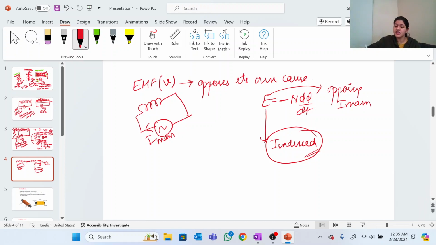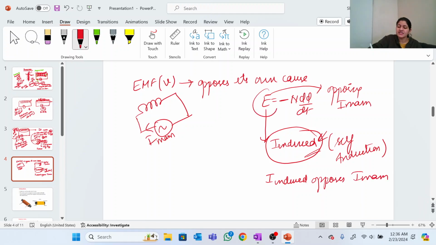And this property, the induction of this current or the introduction of this current in the circuit, we also call self-induction, because this current is induced by itself. So we can also say that I induced opposes I main.